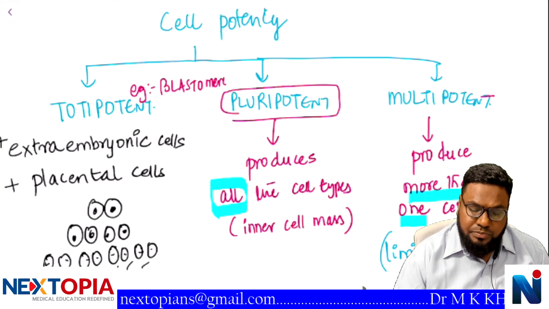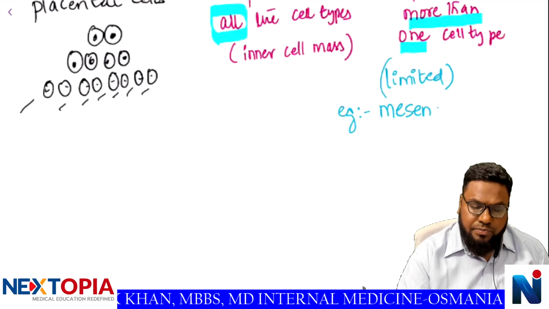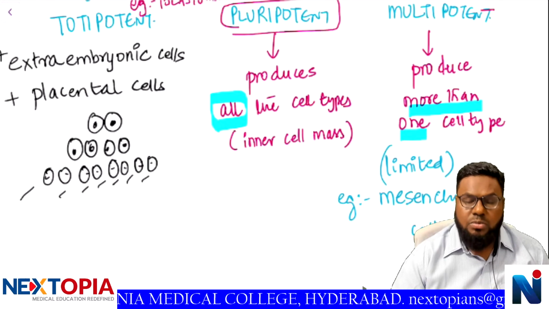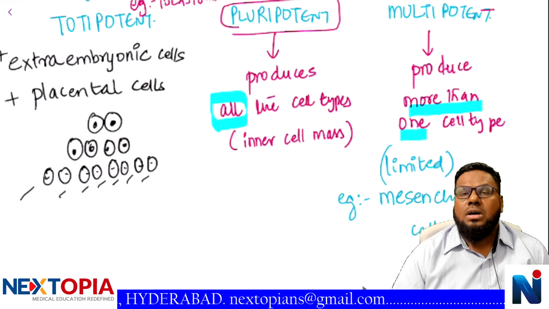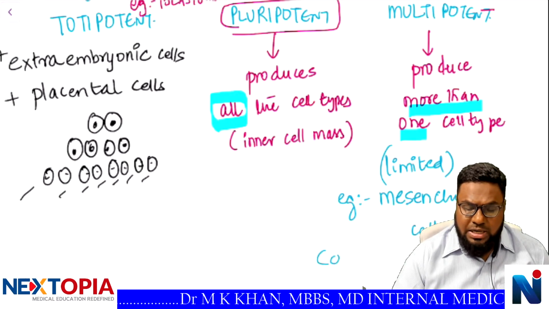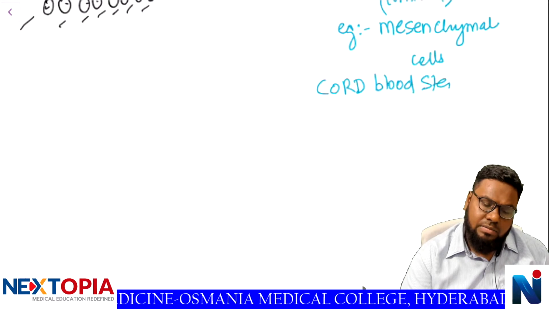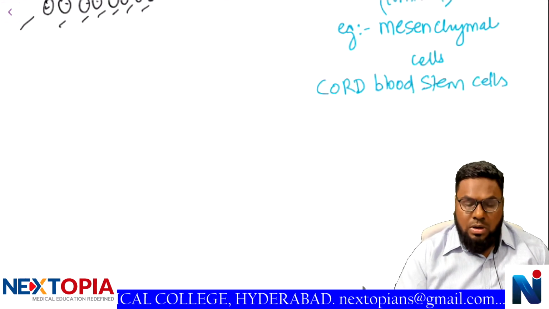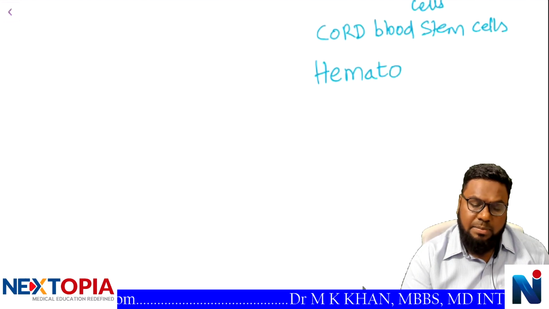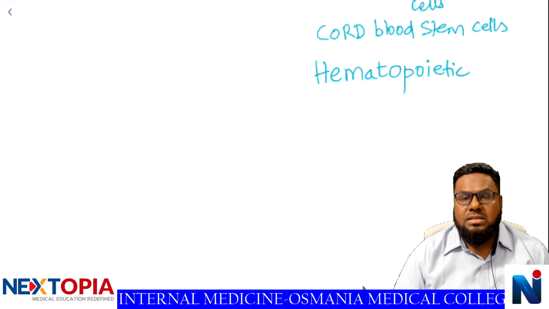For example, the mesenchymal cells of our body, the cord blood stem cells, or the bone marrow stem cells present in the bone marrow, you are calling them hematopoietic cells.